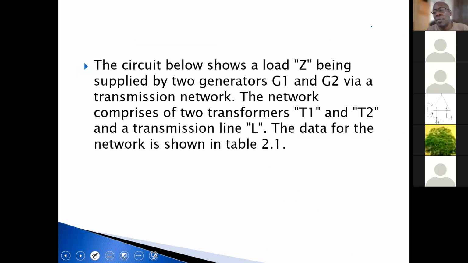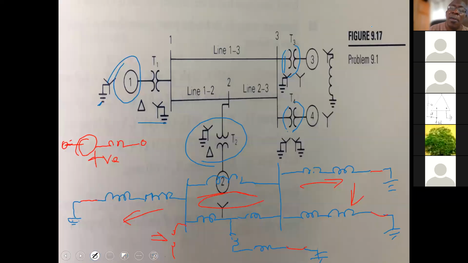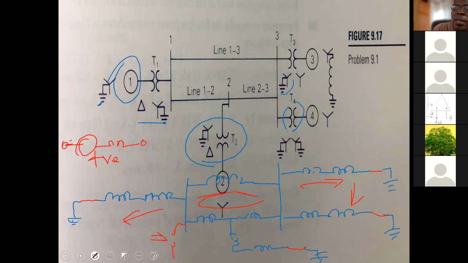Hold on, sir, one minute. How come it's not an open circuit if it's grounded? Isn't it grounded? Isn't that what I said, grounded star? Yes. Note for this transformer, this one here, this winding is a grounded star.